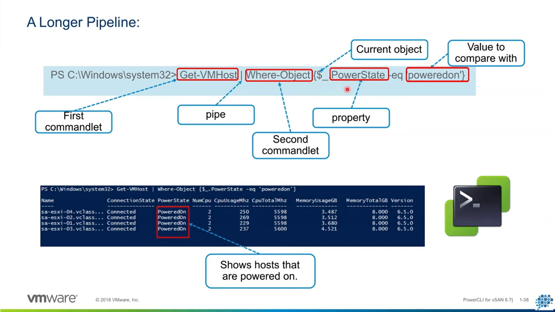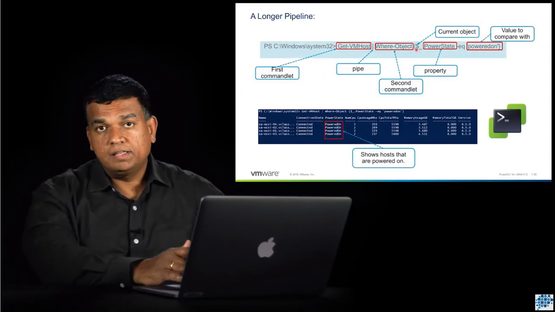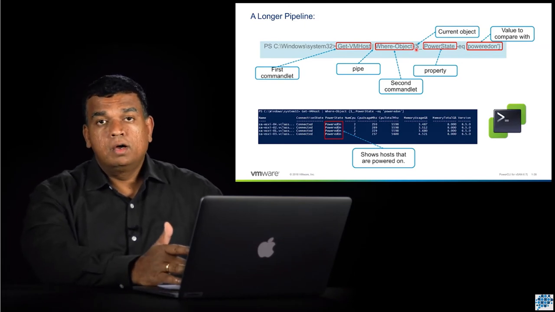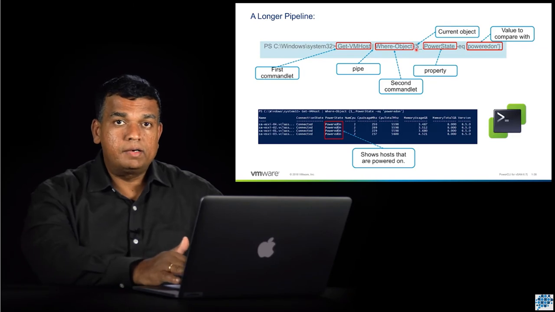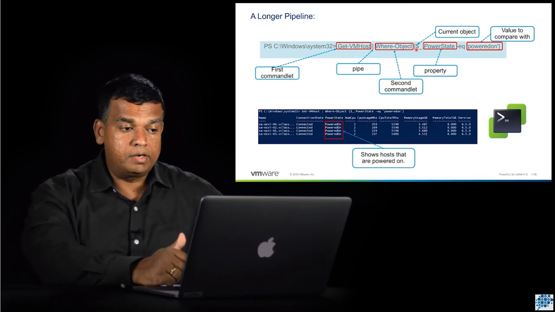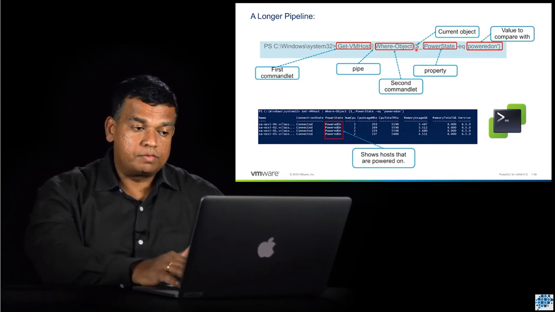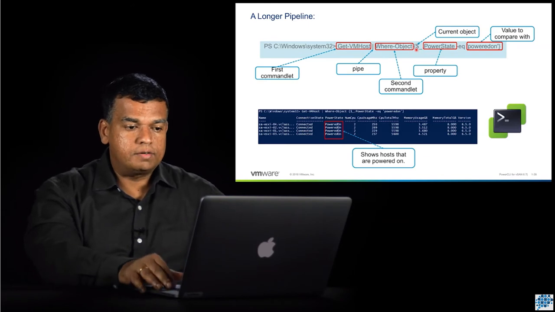So we are taking the PowerState property of the VMHost object, and we are filtering it to show only the hosts which are powered on. This is an example of a longer version of a pipeline, and you can see that without the pipeline it would be very difficult to accomplish this task. I hope by now you realize the importance of having this pipeline construct.